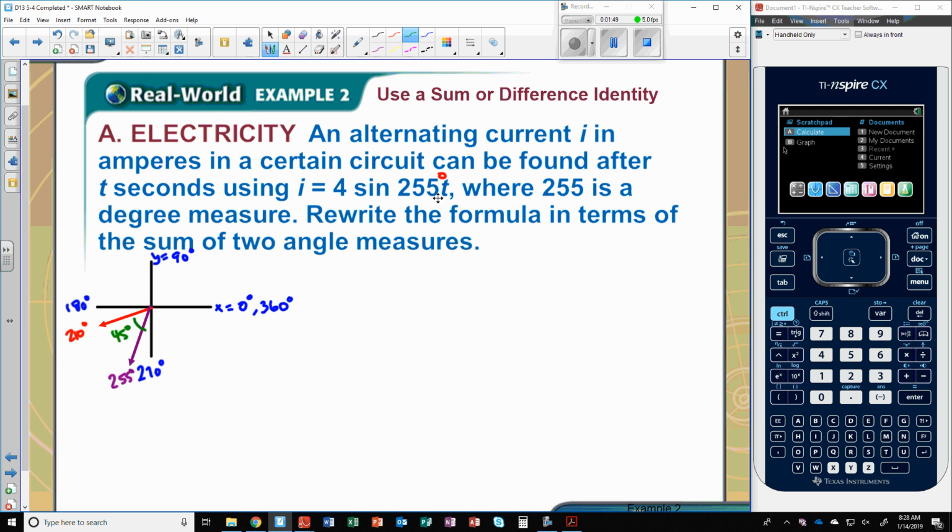I'm going to say that this value is the same thing as saying I equals 4 sine of 210 degrees, and I'll do this in red so we can keep track of where I'm getting these values, plus that green 45, and I'm going to put this 45 with the t there. Equals that. Now let's go back to our sine formula.